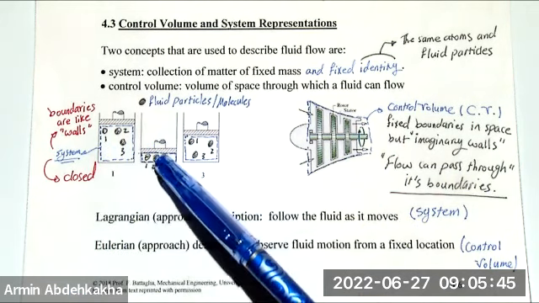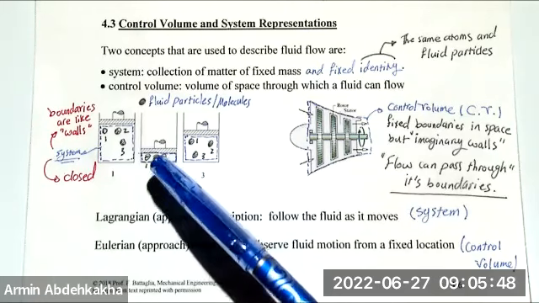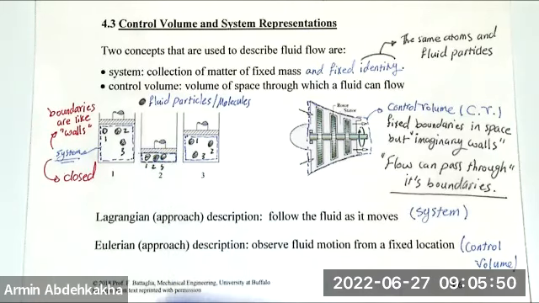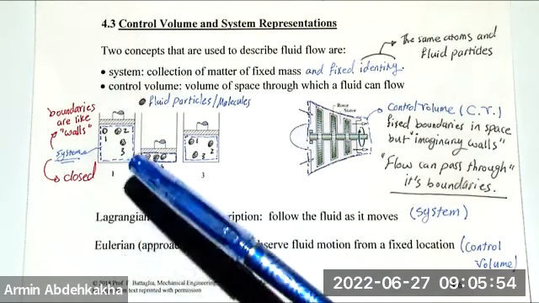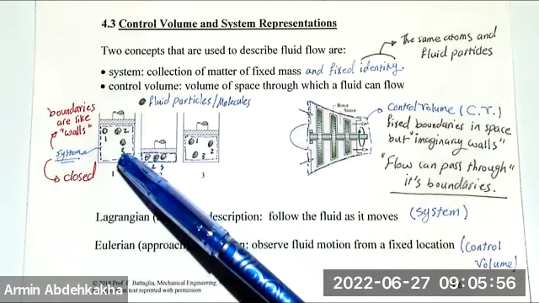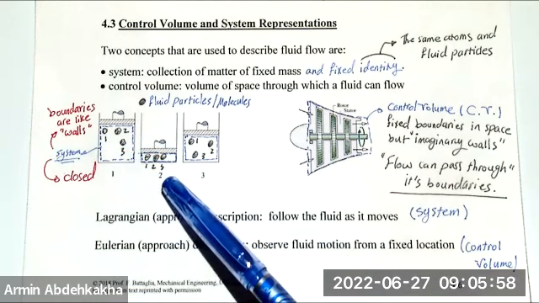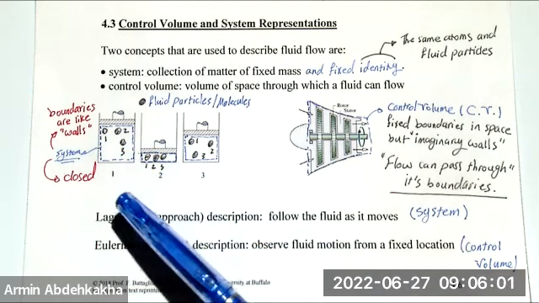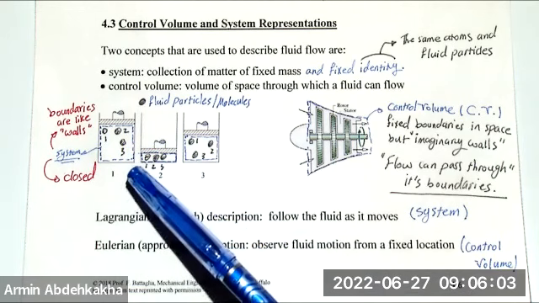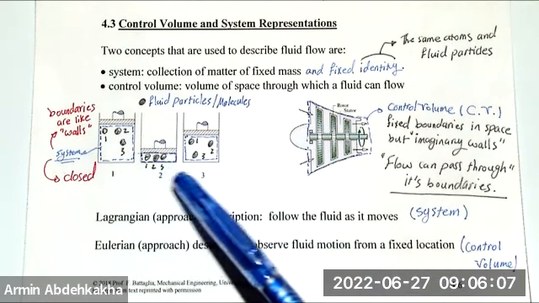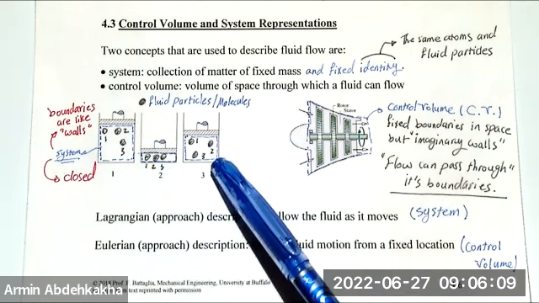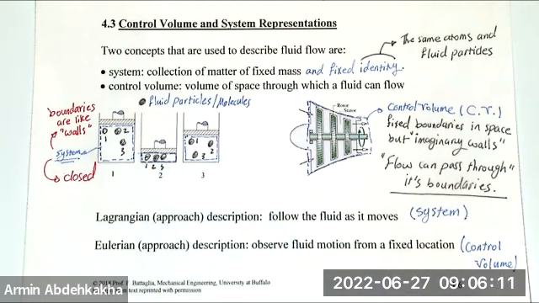If the system size changes, meaning the piston comes down and then goes up, the system is closed, the boundaries are closed. What does it mean? It means that these are not changing. The identities are fixed. So the same mass and the same identity of the fluid particles are still here. It's very important because the system is closed.